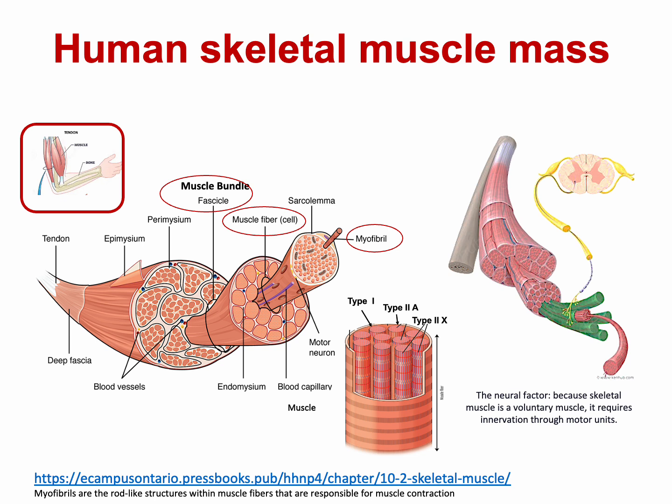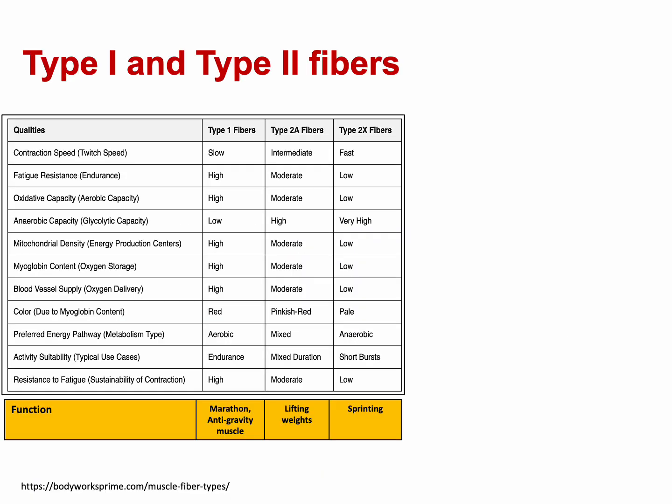Another important thing here is the neural factor. Since skeletal muscle is a voluntary muscle, it all depends on the innervation through a motor unit. In age-related sarcopenia, there is a loss of motor neuron innervation of muscle fibers. The important things to remember here is that type 1 is slow twitch, very much controlling our posture and slow movement, and type 2 is considered fast twitch for fast movement.